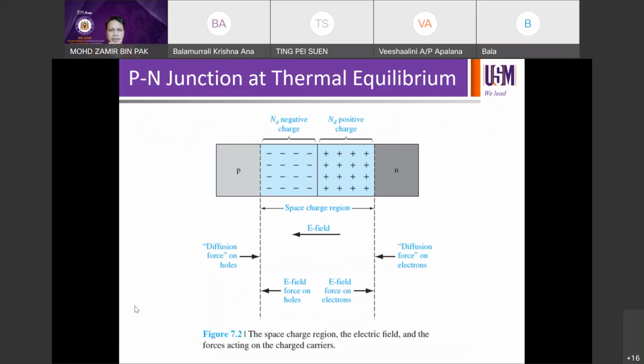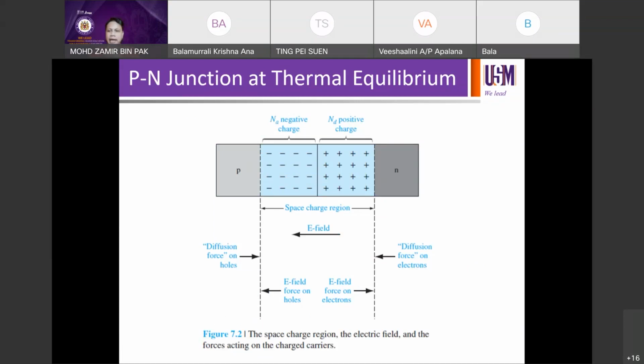So this is the same illustration at thermal equilibrium. You can see here the gray area on the left is the region further away from the junction, and the region on the right is further away from the junction as well. And this central region is where you get the ion charges and where you are depleted of your carriers, and it's called the depletion region or space charge region.